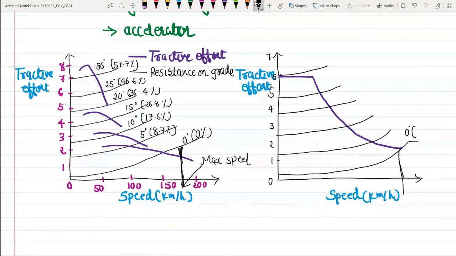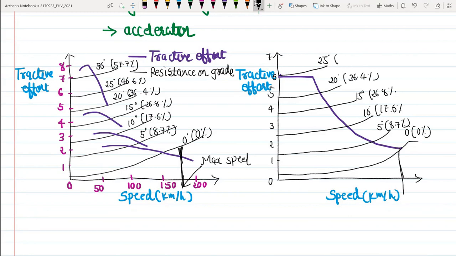So these are the different values. Say this represents the 0 angle. This is representing 5 degree angle, percentage is 8.7. 10 degree, 17.6%. 15 degree, 26.8%. 20 degree, 36.4%, and finally 25 degree, 46.6%.